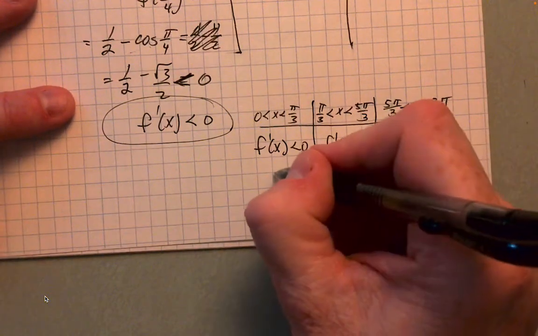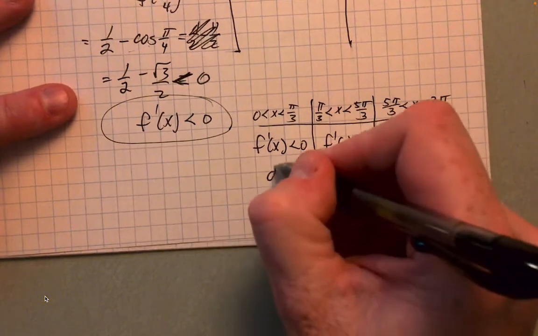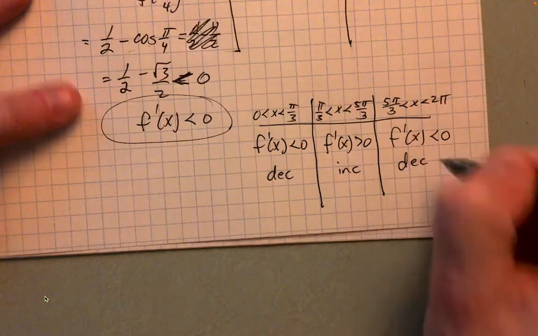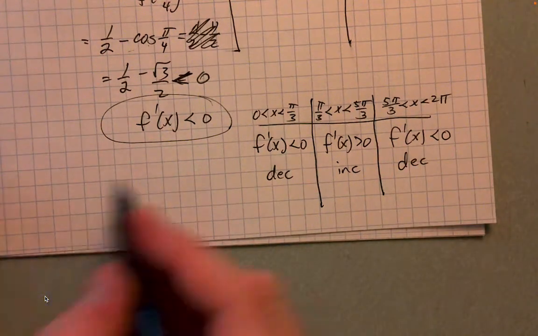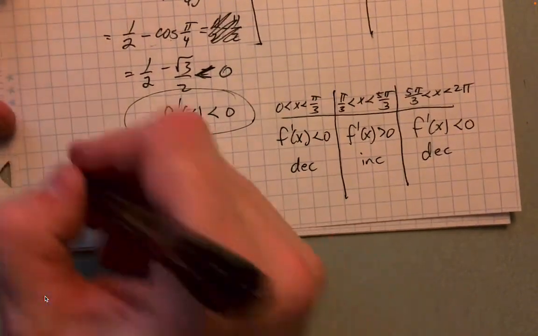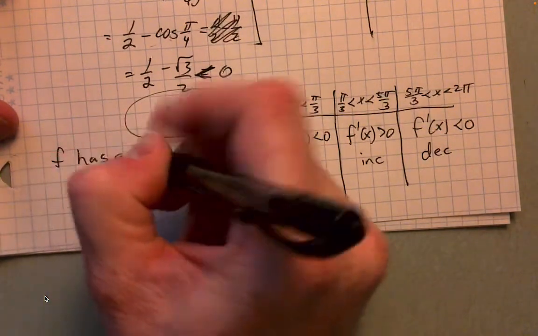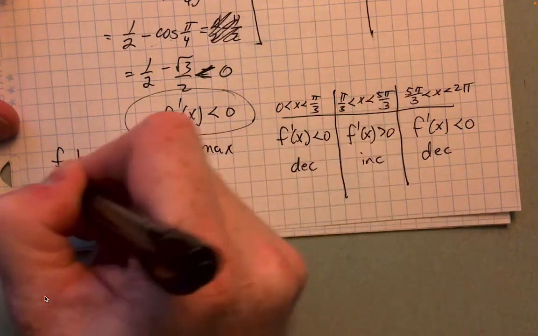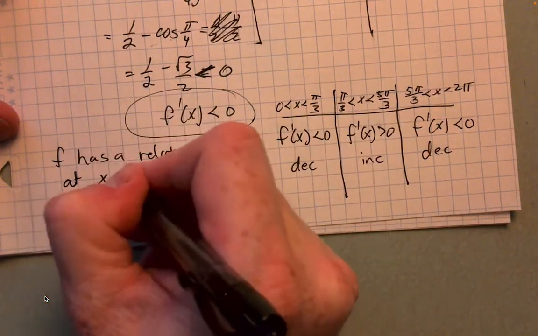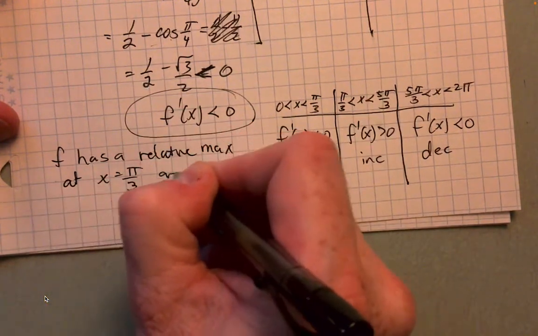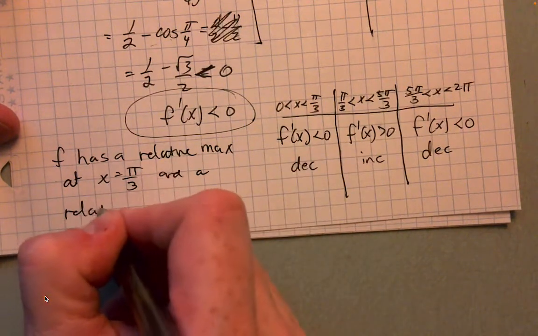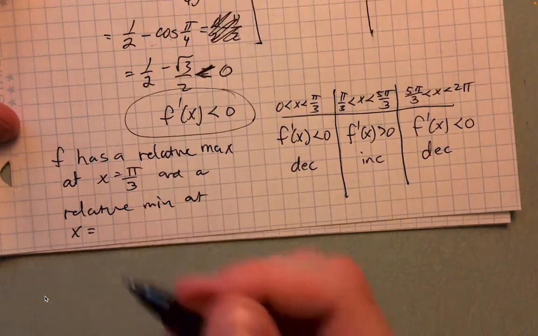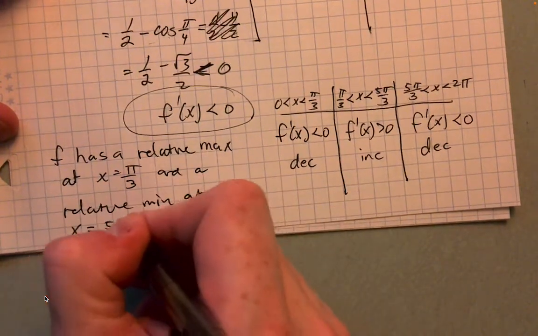Right? So what is it doing? It's decreasing here, it's increasing here, and it's decreasing there. Right? So what does that imply? Well, f has a relative max at x equals pi over 3 and a relative min at x equals 5 pi over 3.